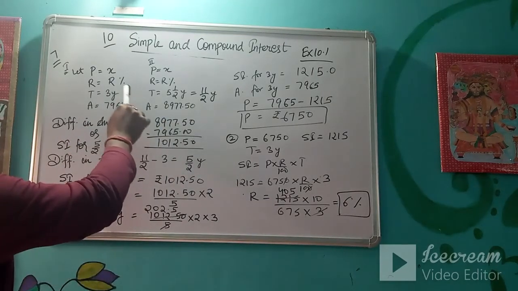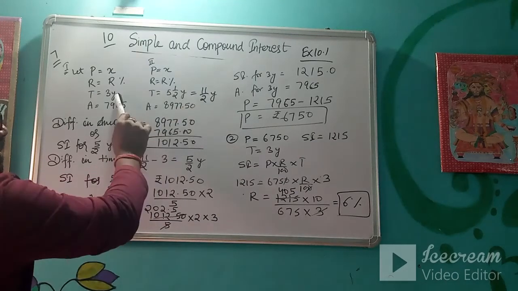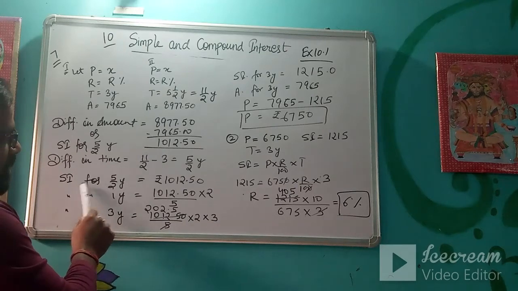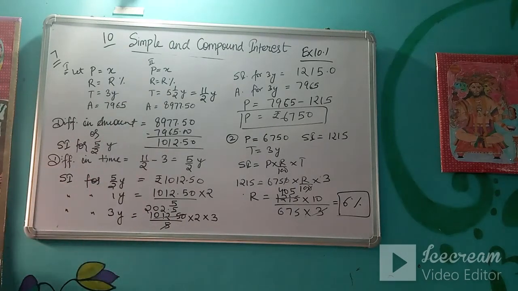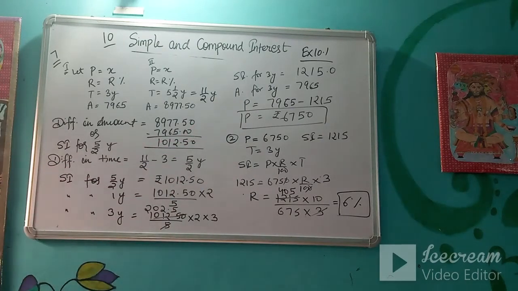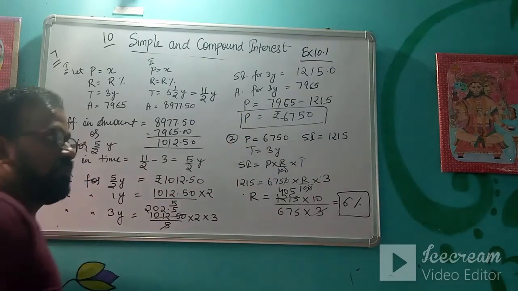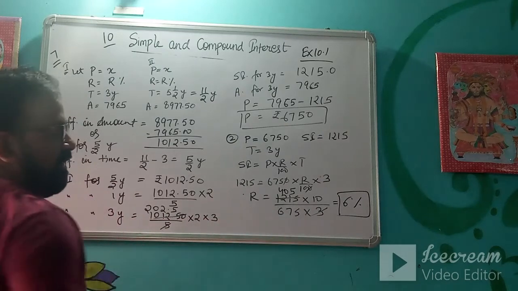What it is giving is the difference between the simple interest earned between 3 years and 1 and a half years. Then we have calculated simple interest for 1 year, and since we have the value for 3 years, we have calculated simple interest for the 3 years. Then with the amount we are having, we have calculated the principal for 3 years. Then with the help of this given data, we have calculated the rate.